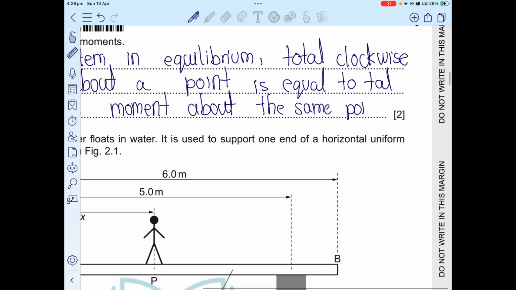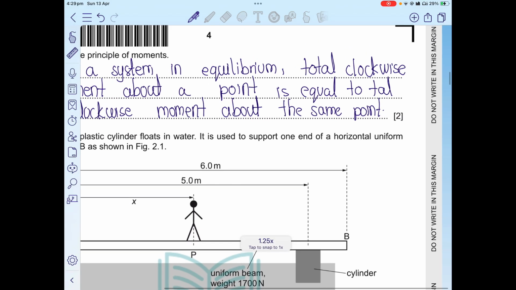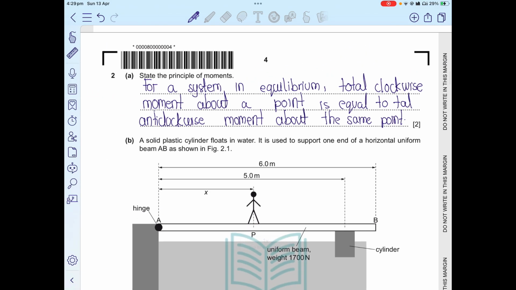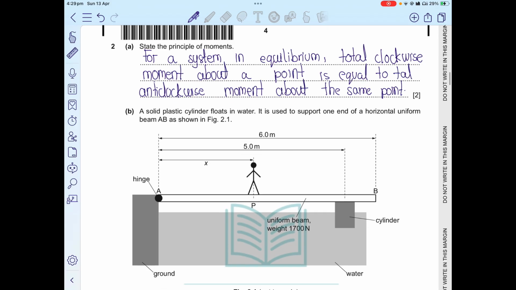So the principle of moments is essentially very easy, and what it says is that for any system that is in equilibrium, the total clockwise moment about that point will always be equal to the total anticlockwise moment about that same point. Okay, I hope this definition is clear.